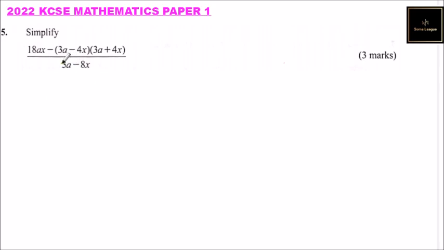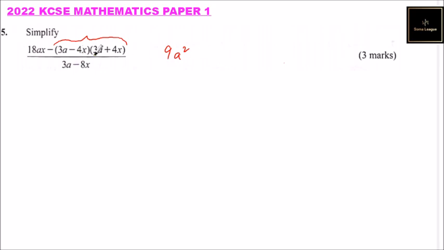So what we do is start by expanding this so that we can simplify and see whether we can factor out and get the simplified form. 3a multiplied by 3a gives us 9a squared. 3a multiplied by 4x and minus 4x multiplied by 3a gives 12ax minus 12ax, so we end up with 0.